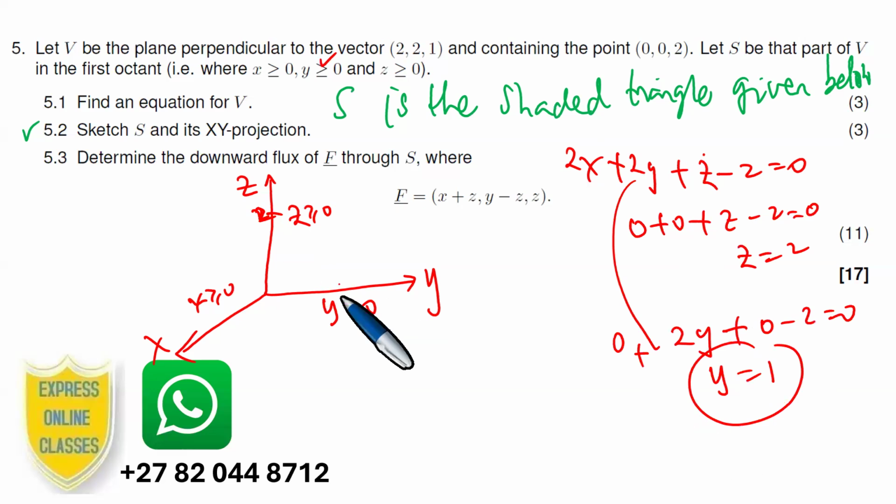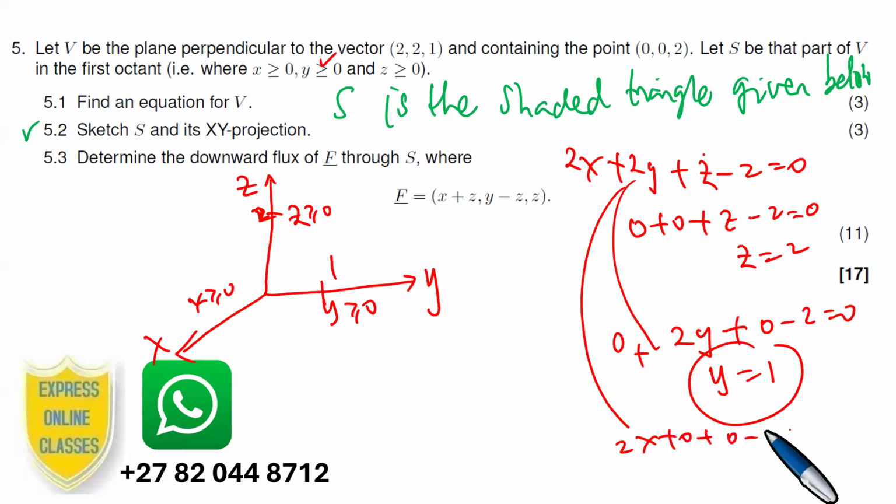So this one is going to cut at 1. You continue. Y is 0, z is 0, so 2x minus 2 equals 0, which means x is 1.